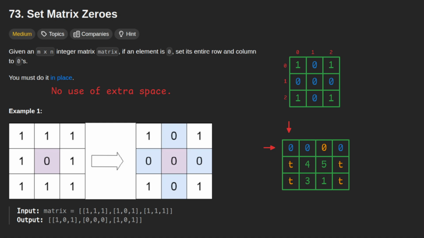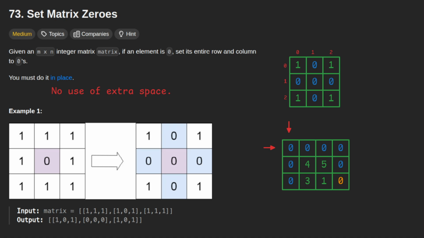It will become 0. It will become 0. It will become 0. It will become 0. And this cell also becomes 0.